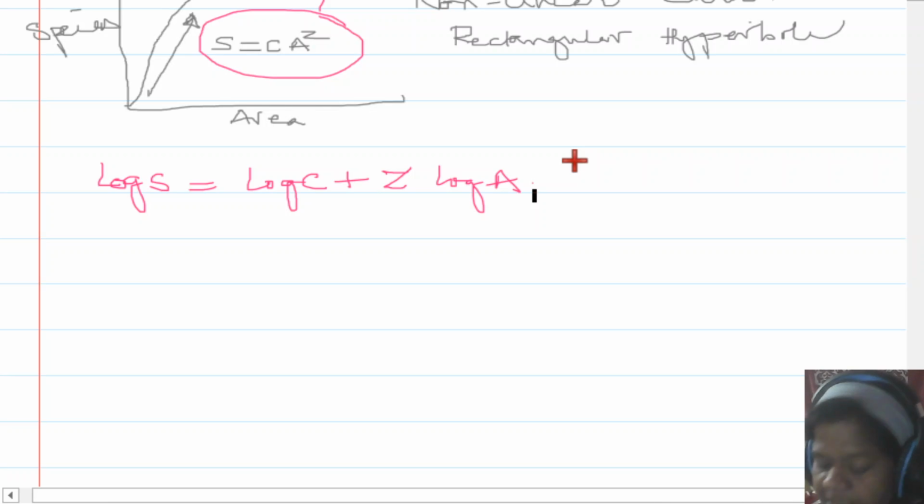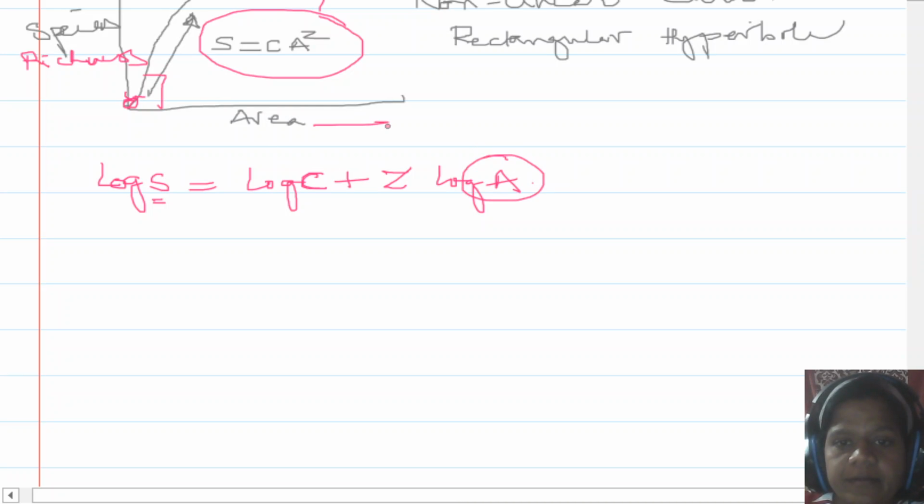Log S is what we are trying to find, right? Species richness. C is the y-intercept, Z is the slope, and A is the area.